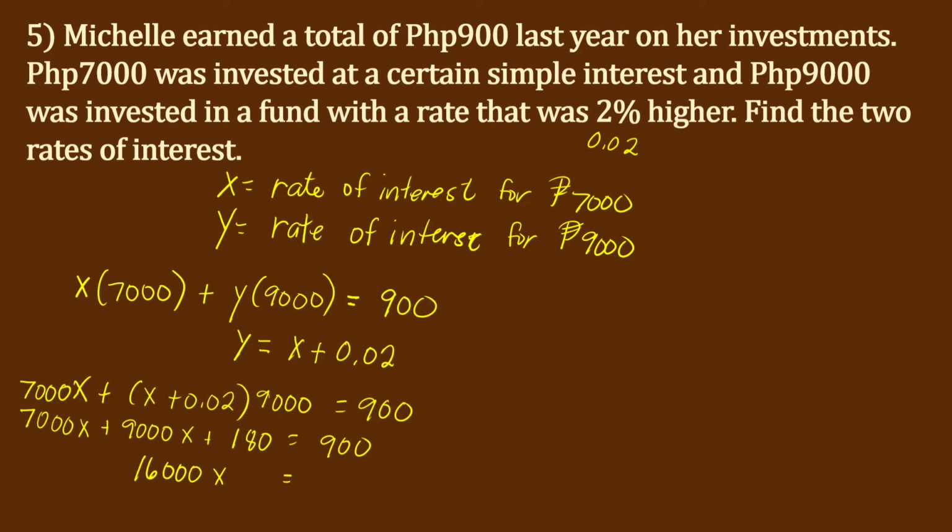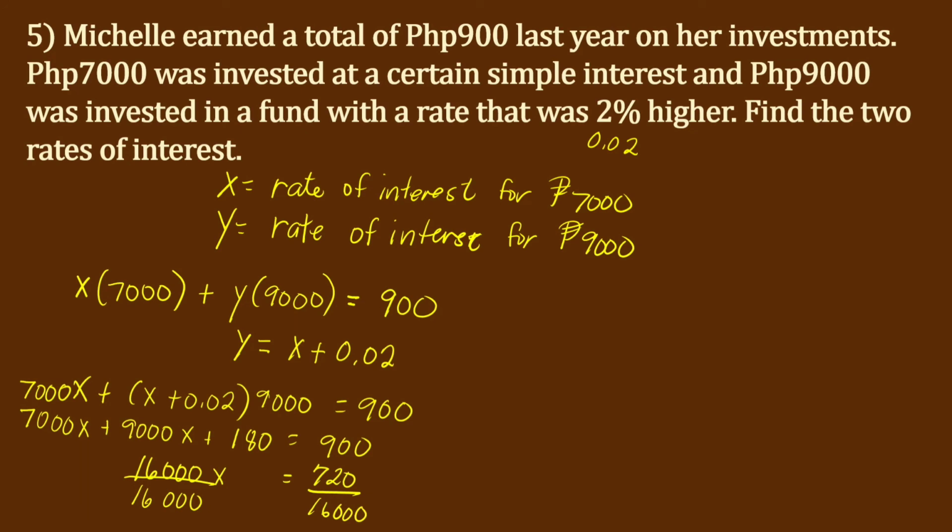Transpose 180 to the right side, that will give us 900 minus 180. And 900 minus 180 is equivalent to 720. And then finally, divide both sides by 16,000 pesos. Okay?